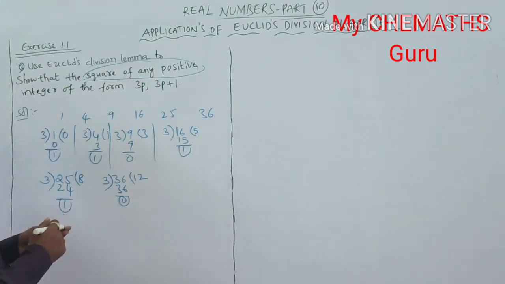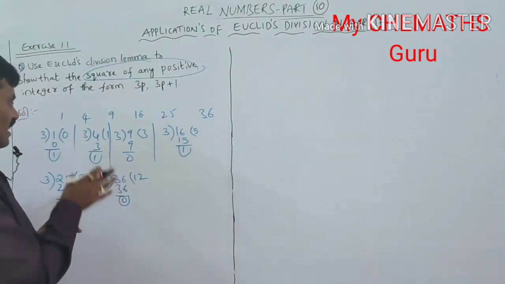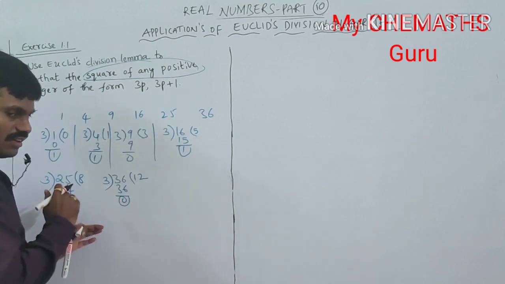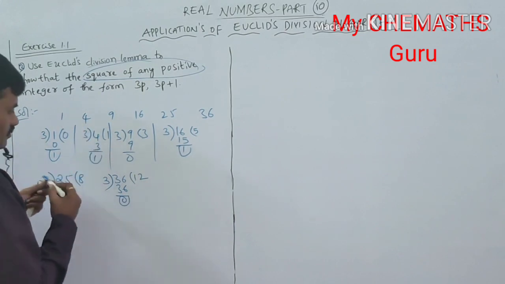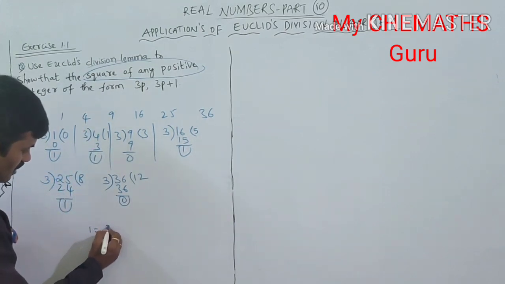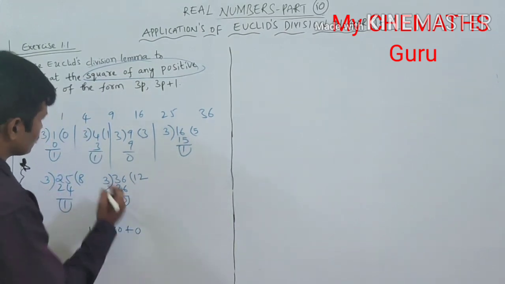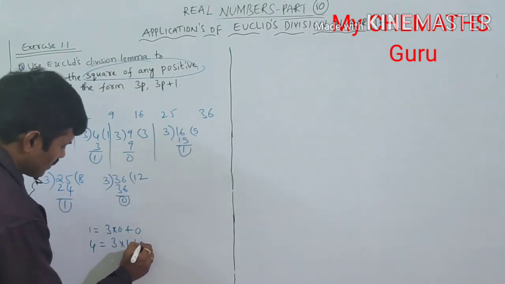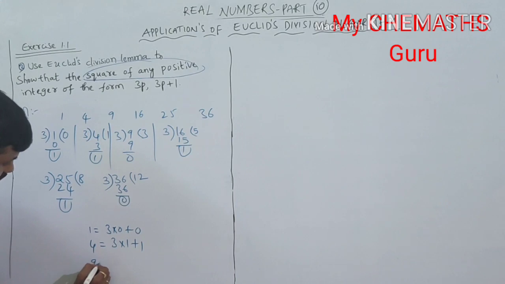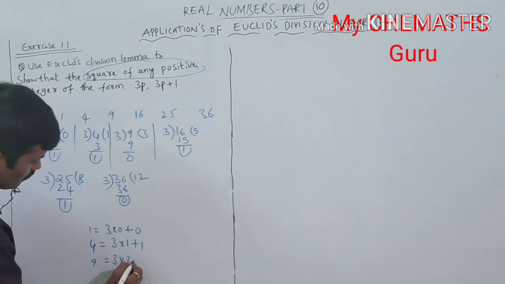In the exam also, if you forget how to solve this, write all these divisions in the form of the division algorithm like this. For example, 1 can be expressed as 3 into 0 plus 0. 4 can be expressed as 3 into 1 plus 1. 9 is 3 into 3 plus 0.